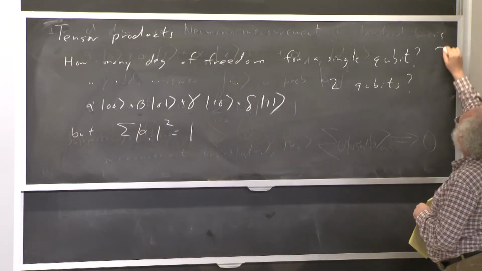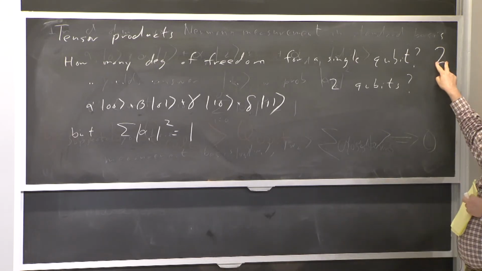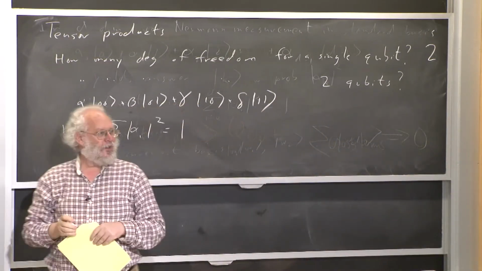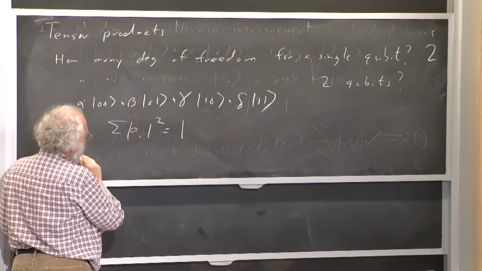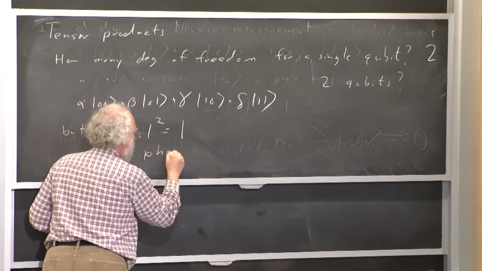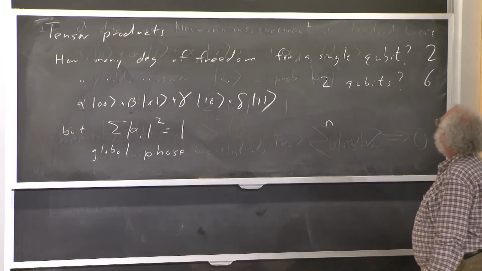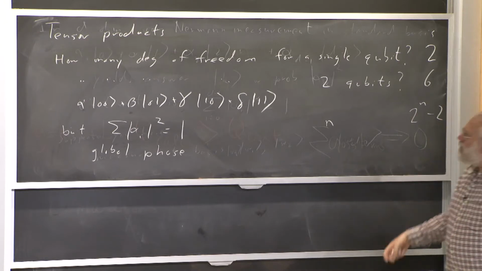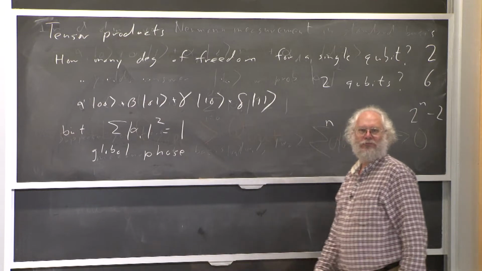I mean, it's on the surface of the Bloch sphere, so it's just 2 degrees of freedom. And for 2 qubits, we also have a global phase, which is irrelevant. So that's 6. And for n, we really have 2 to the n minus 2, because, again, we have the sum of the squares is 1 and a global phase.